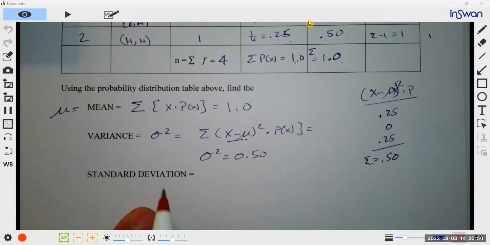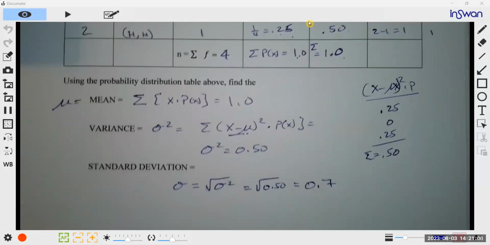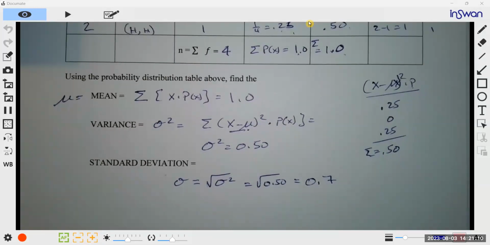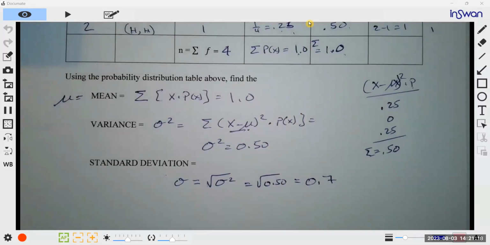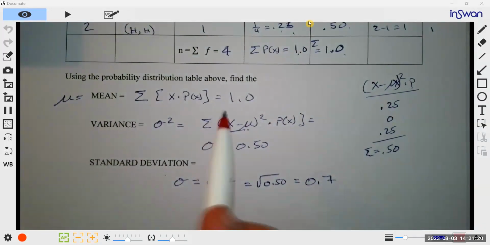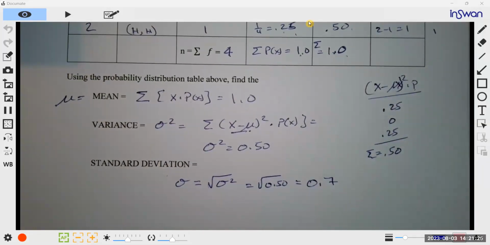The standard deviation is simply the square root of the variance. So it's the square root of 0.50, which is approximately 0.7.